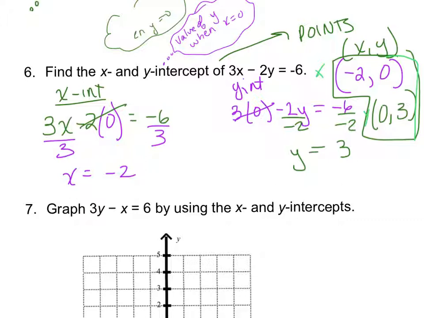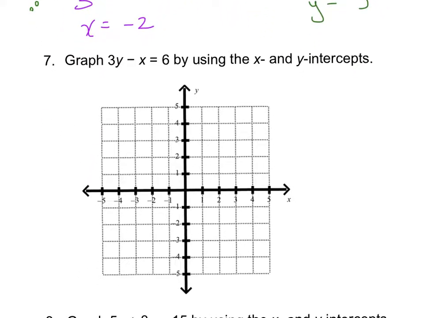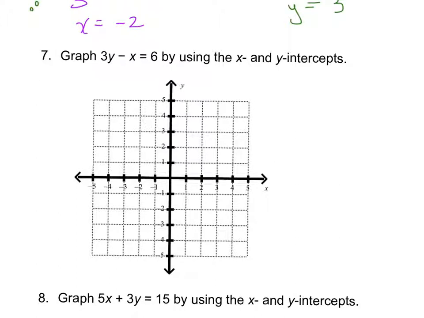Let's look at the other one. Graph by using the x and y intercepts. Again, when you're asked to graph by using intercepts, you're just plugging 0 in for the other value. So the x-intercept is going to be the value of x when y is 0. And notice it's written out of standard form. It's actually 3y minus x. So 3 times the value of y, which is 0, minus x equals 6.